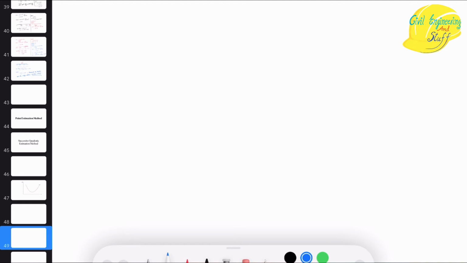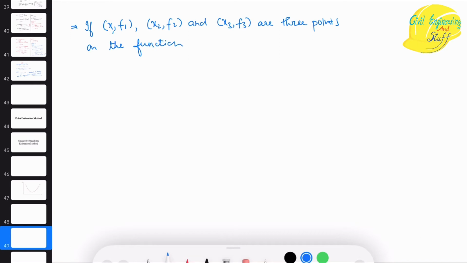So first of all let us write down, (x1, f1), (x2, f2) and (x3, f3) are 3 points on the function, right? So putting x equals to x1.